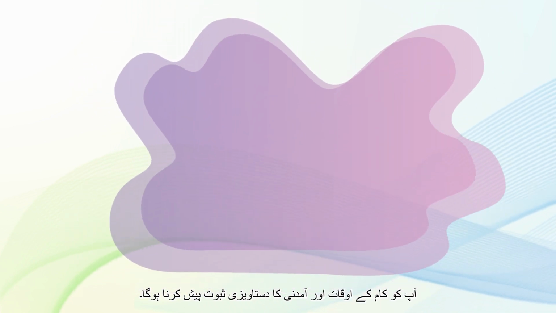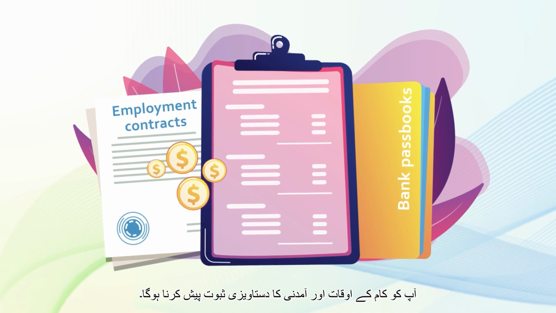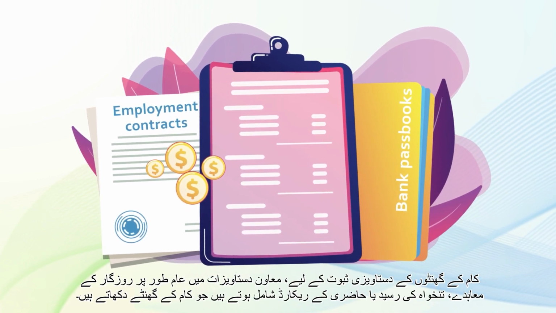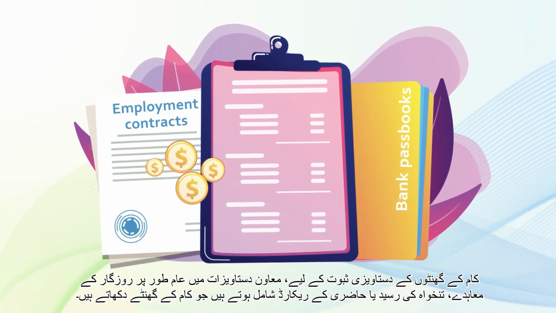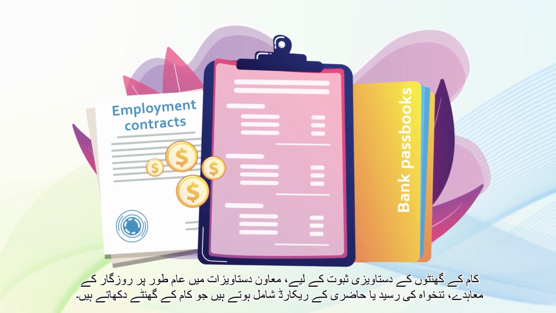You must submit documentary proof of working hours and income. For documentary proof of working hours, supporting documents generally include employment contracts, pay slips, or attendance records showing the working hours, etc.